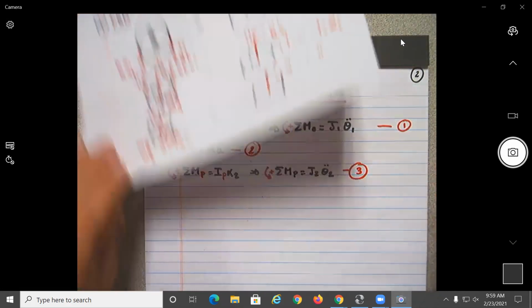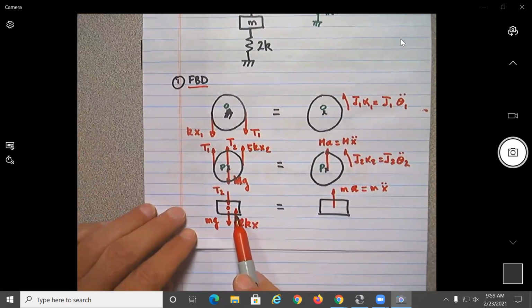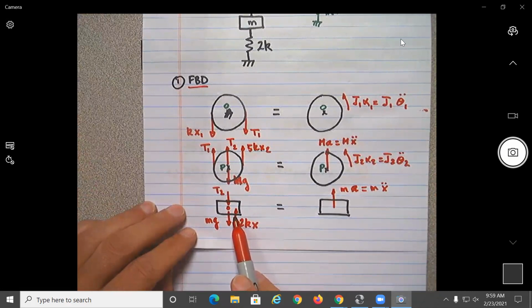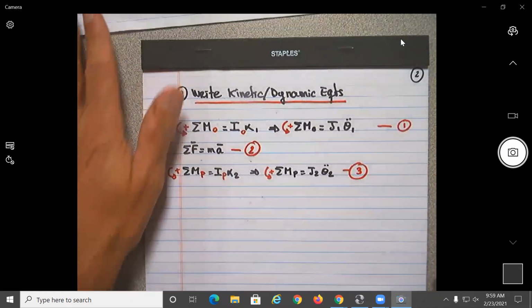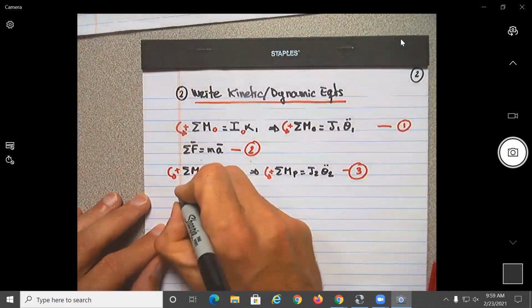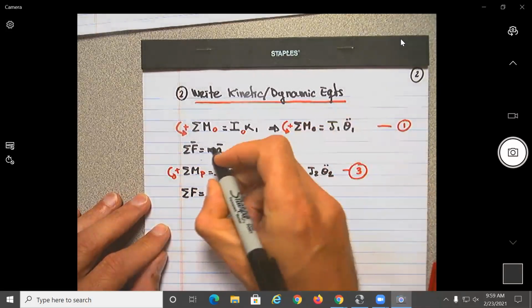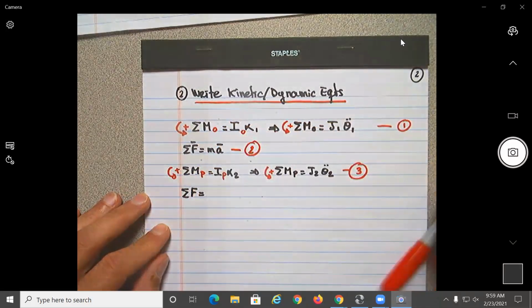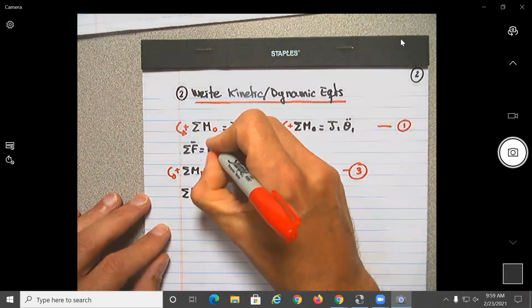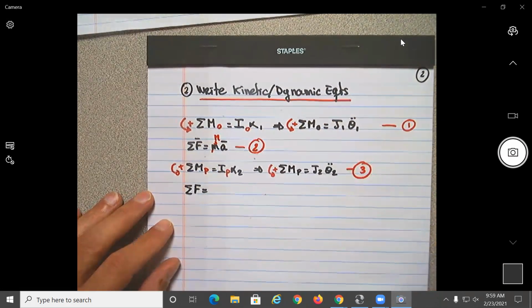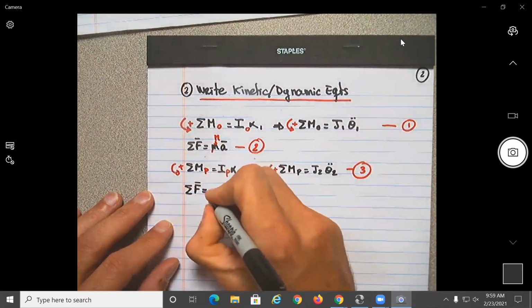And now finally for this one here, for the little block, what type of motion is this one having? Just translation. So the only equation needed is summation of forces equals to MA. So for that block, we're going to do summation of forces. And here, if you want, this will be capital M to help, okay? Force is equal to MA.